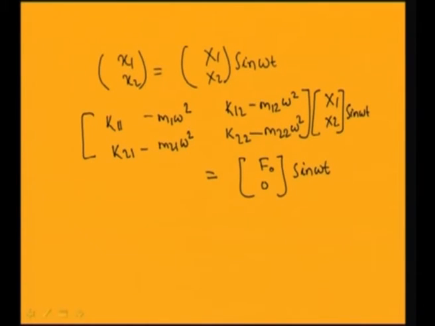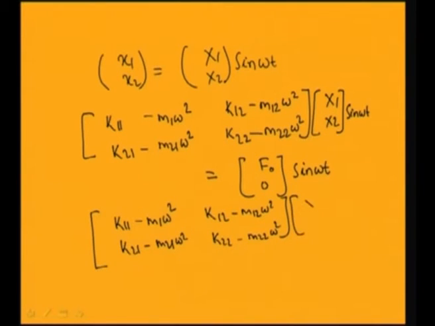Or I can write this equation in this form, times X1 X2 equal to F0 0.